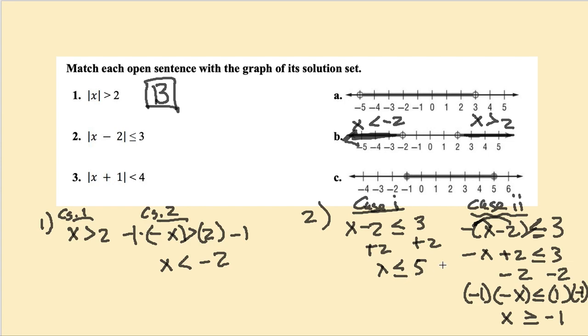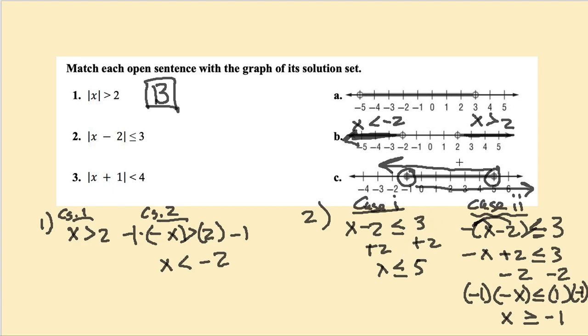And it looks like it should be this one right here, because x is less than or equal to 5 would be this part going this way, and x is greater than or equal to -1 would be this part going this way. And remember, in order for it to fulfill both things, it would have to be the stuff that's shared. So this would be a case of an intersection.